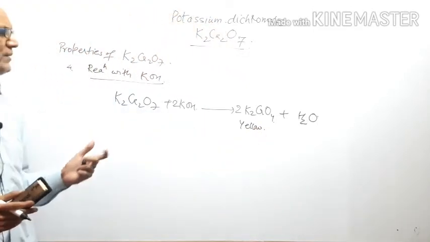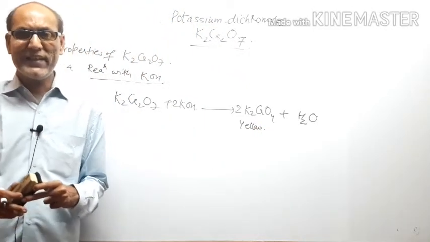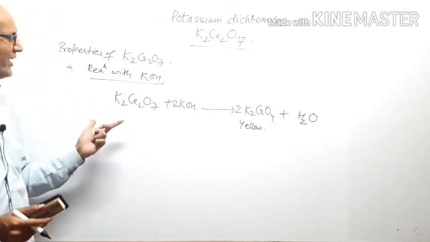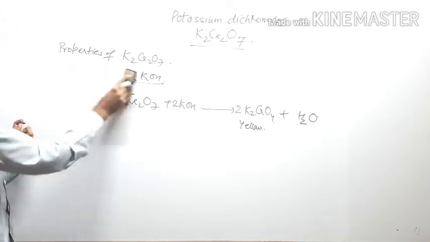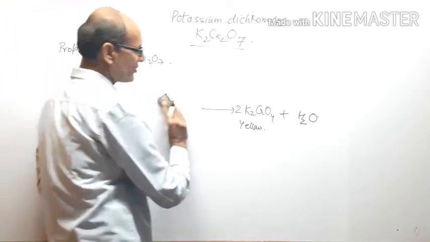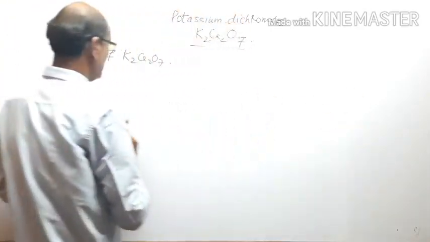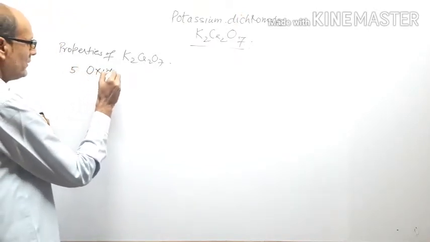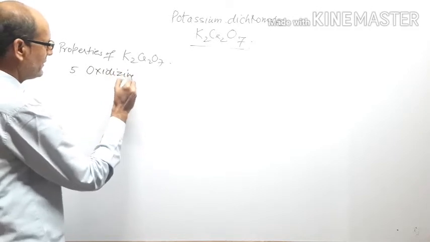The most important property of potassium dichromate is oxidizing nature. When potassium dichromate is treated with any acid like H2SO4, it shows oxidizing nature.